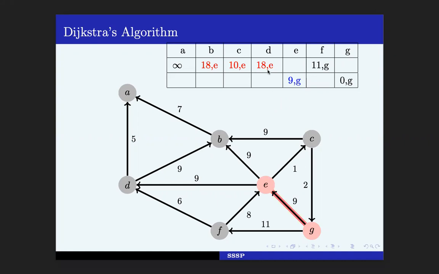Minimum of 18, 10, and 18. And 11. Don't forget 11. Oh, yes, sir. Also 11. All of them you could reach by crossing a bridge. The minimum one, which is in this case C, for that we know what is the shortest distance. Okay. And we do that. And this becomes 10. Okay. Now let's look at it.